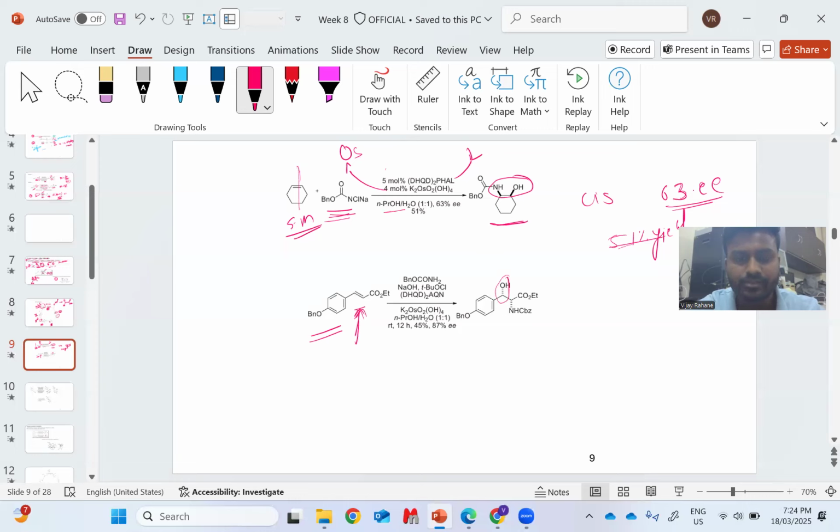The hydroxyl group is attached near the phenyl, and the nitrogen-containing amino group, NHCBZ, is attached next to the ester group, right? This is because of the selectivity due to the DHQD twice AQN ligand. This ligand drives the regioselectivity in this case. So this is the example in which the regioselectivity is also one of the points that you can see. So this is also regioselective.